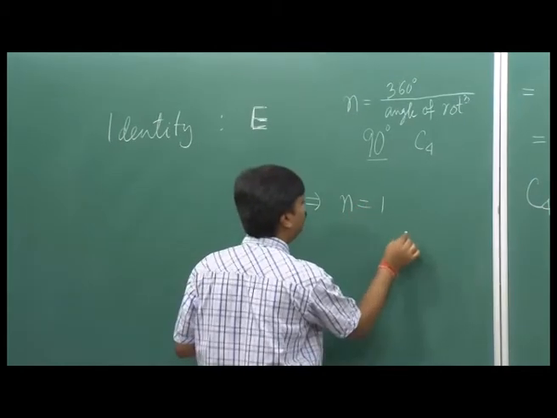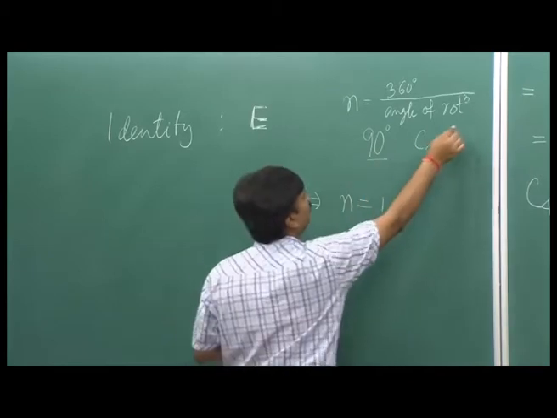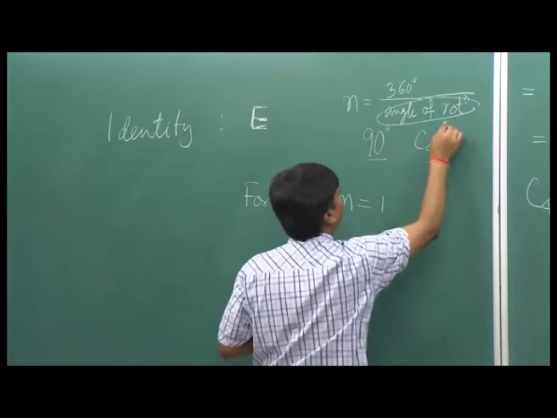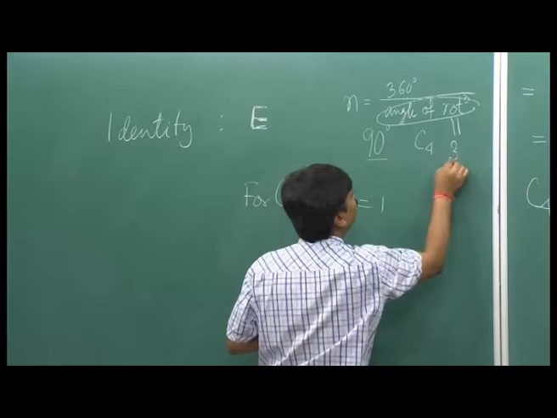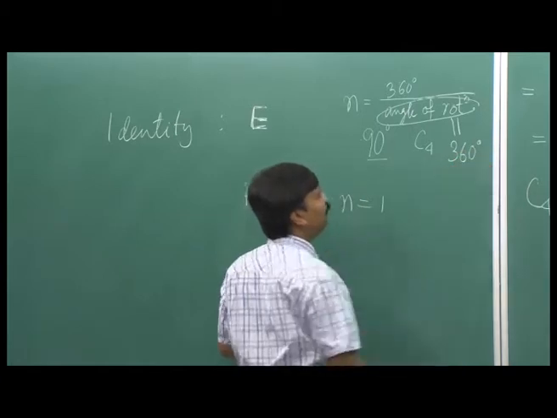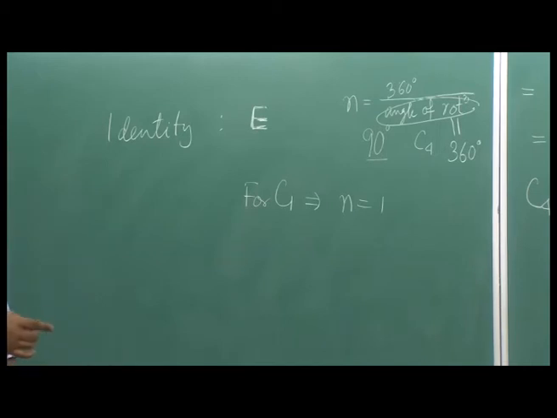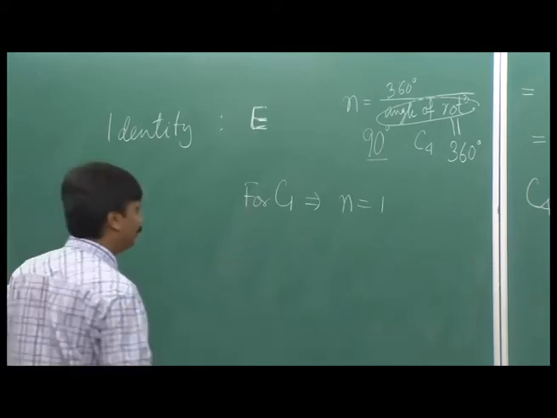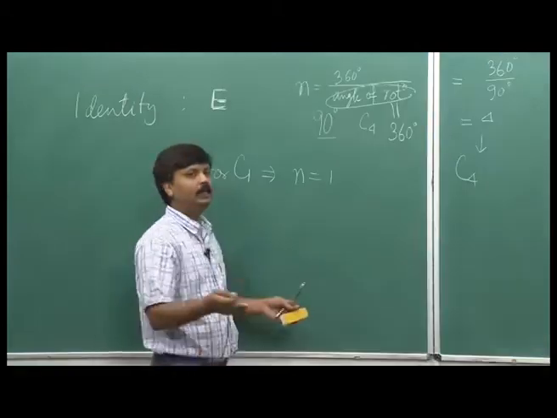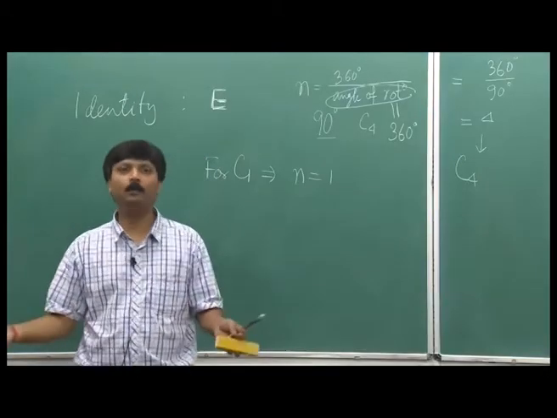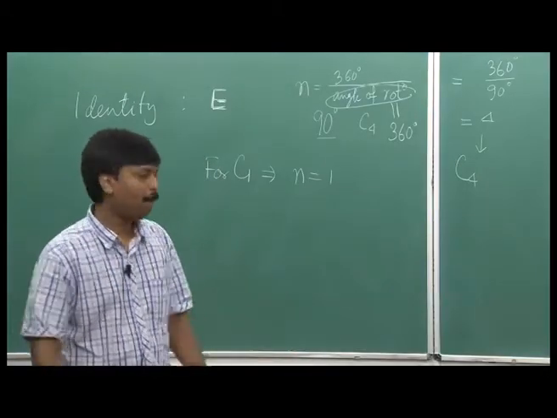So n equals 1 means I must have a situation where the angle of rotation is equal to 360 degrees. This is exactly the case we described just some time back when we were discussing the identity operation, right. So that is why C1 is not mentioned anywhere, because C1 and E are the same.